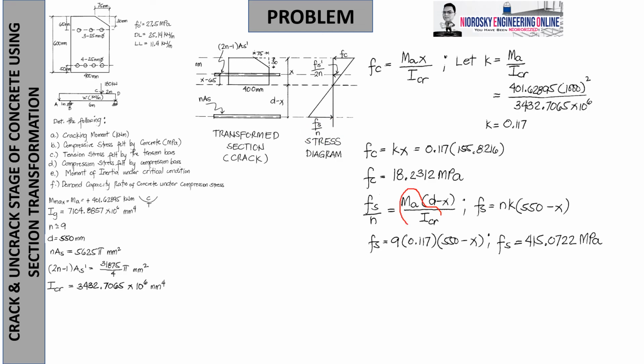So, note that this is also K, ano? Bakit d minus x? Ito yung distance kasi niya, d minus x naman, away from neutral axis. May x value ka na, may d ka na. So, we can now calculate. So, magiging nK, 500 minus x. So, therefore, we can have fs of 415.0722 megapascal.